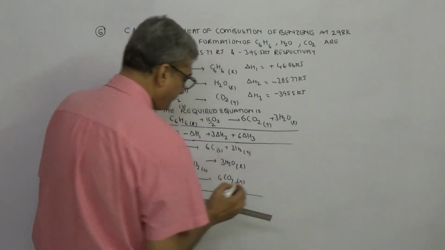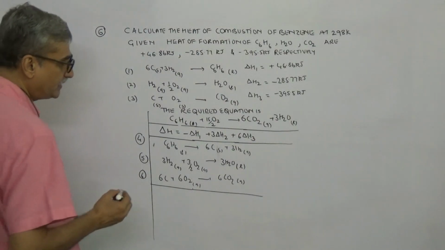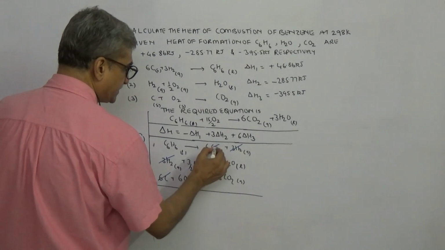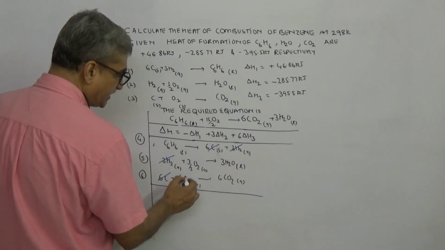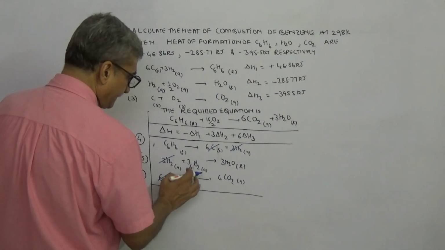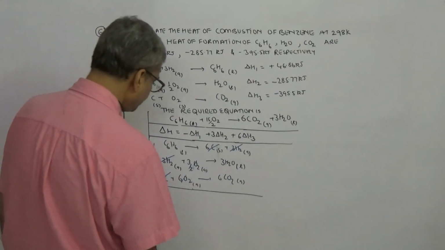So let us now see which ones are getting cancelled. See over here, 3H2 and 3H2 is getting cancelled. 6C and 6C is getting cancelled. 6 plus 1.5, 7.5 moles of oxygen, 3 by 2 is 1.5.